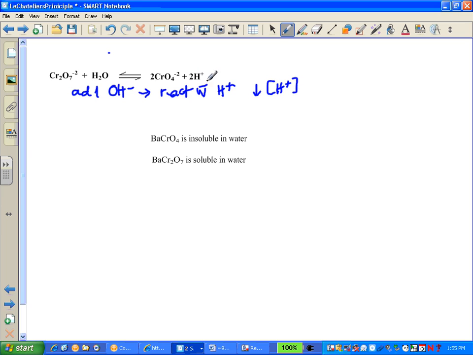For the next 3, what you were looking at was the difference between adding barium ions to various solutions. So you had 3 different scenarios. You had the chromate ion, and you started with mainly chromate, and you added Ba2+.